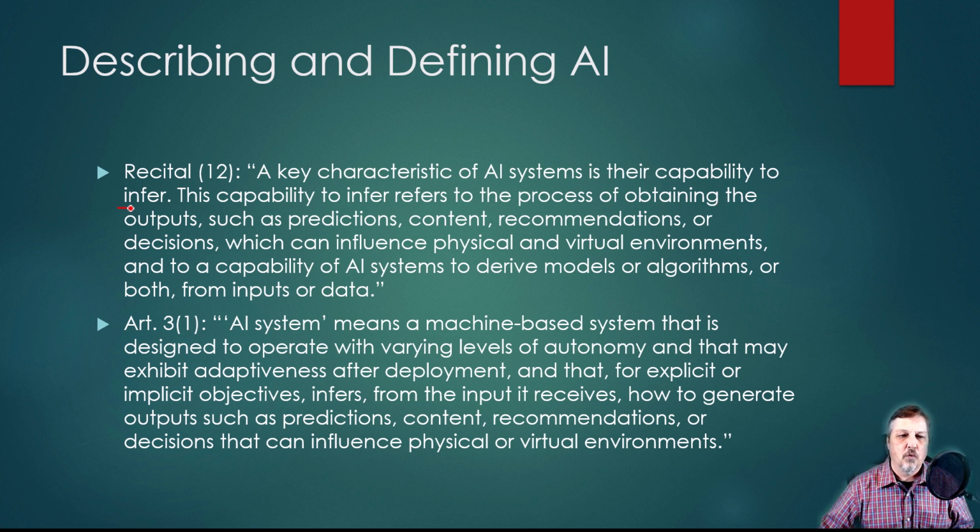One of the ways that the EU is thinking about AI, and you see this in the recital and in the definition in the actual article, is this idea that it can infer. So an AI system, in this view, is not simply applying a rote set of rules, but it's got some general conditions and it's making inferences from those conditions.